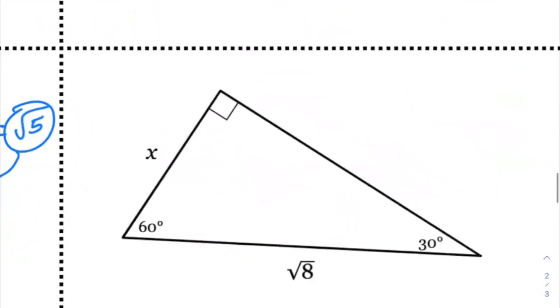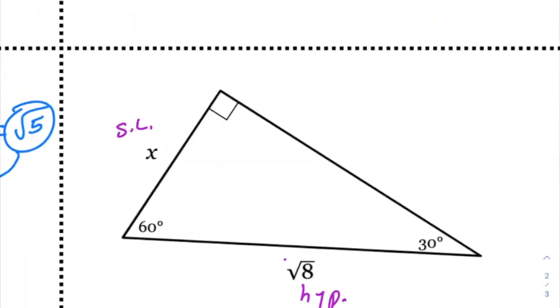Okay, this time, opposite the 30, that's the short leg. Opposite the 90, that's the hypotenuse. So again, we're going short leg and hypotenuse, but this time we already have the hypotenuse.